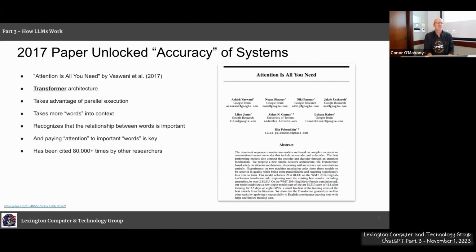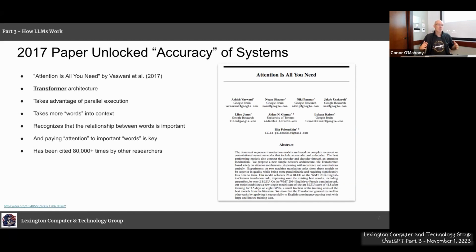So the question is, in a previous session, I showed a chart showing the scaling of these training systems and the roles that GPUs played in that, the advances in hardware. The question was, is this paper also a significant factor in that? And the answer is yes.